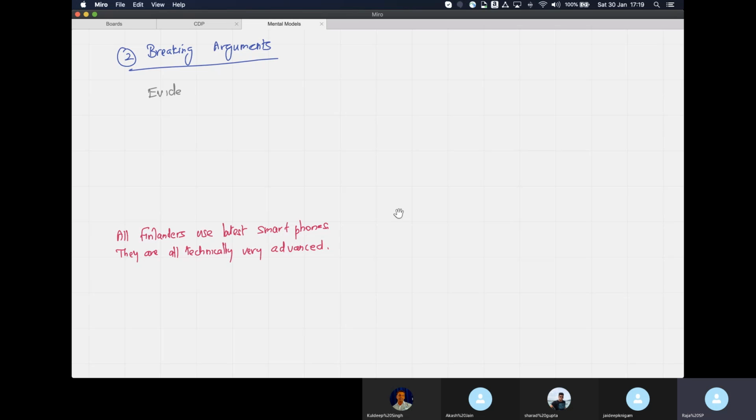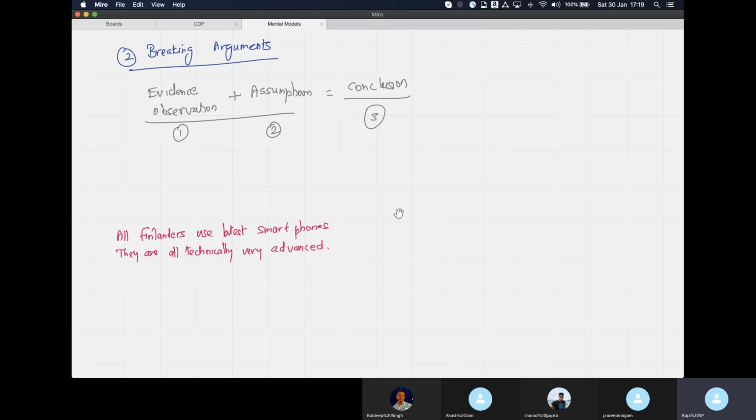So there is some evidence or some observation here. And then there is an implicit assumption. And these 2 is the left-hand side, and the right-hand side is the conclusion. Okay. So every argument consists of these three building blocks: 1, 2, and 3.